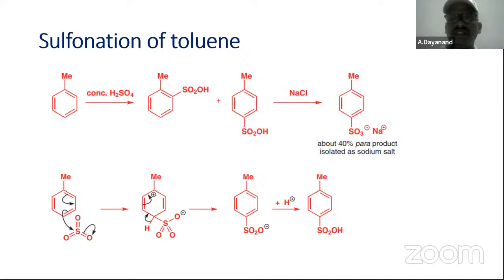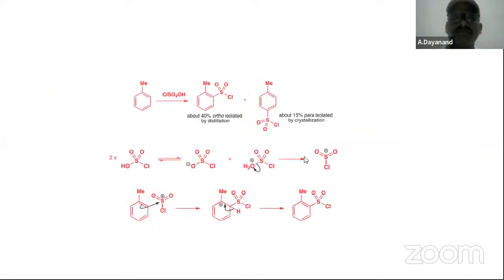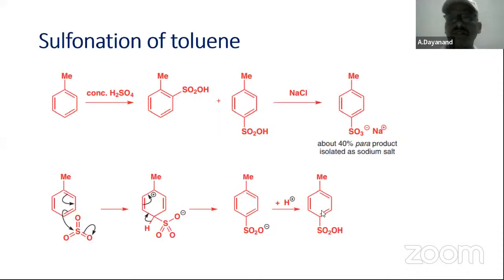Toluene parasulfonic acid is formed. If it is Cl, it is called tosyl chloride. Yesterday we had seen that instead of OH, if it is Cl, it is called tosyl chloride. Chlorosulfonic acid: if you take sulfuric acid, it gives parasulfonic acid.